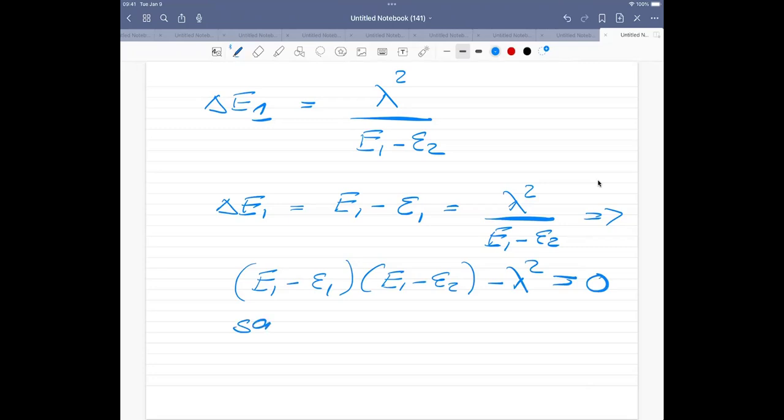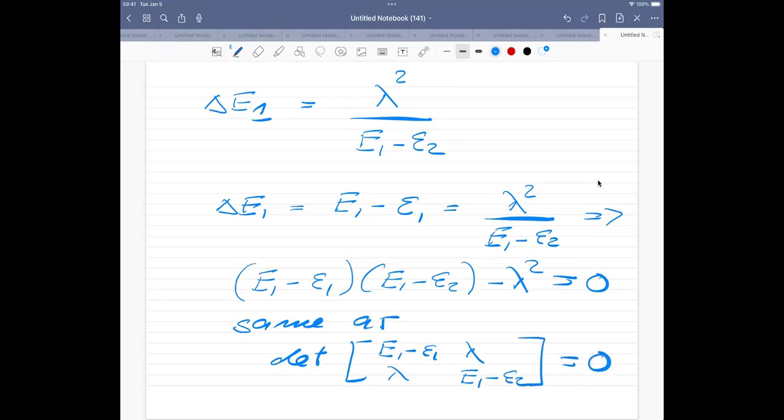And that is the same as the determinant of (E1 minus epsilon 1, lambda; lambda, E1 minus epsilon 2) equal to 0.